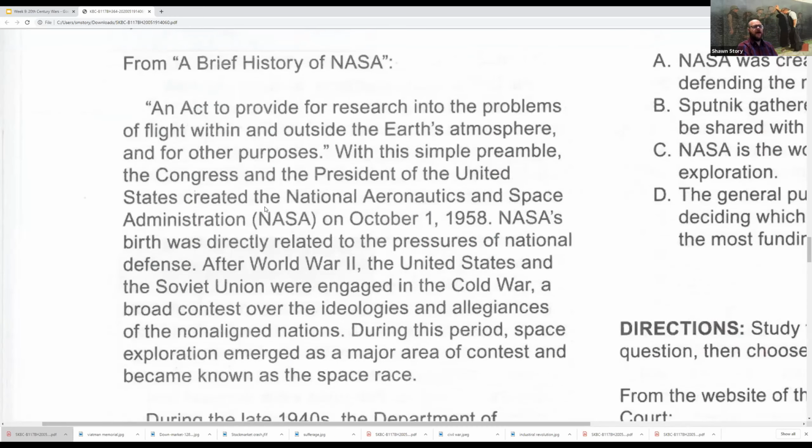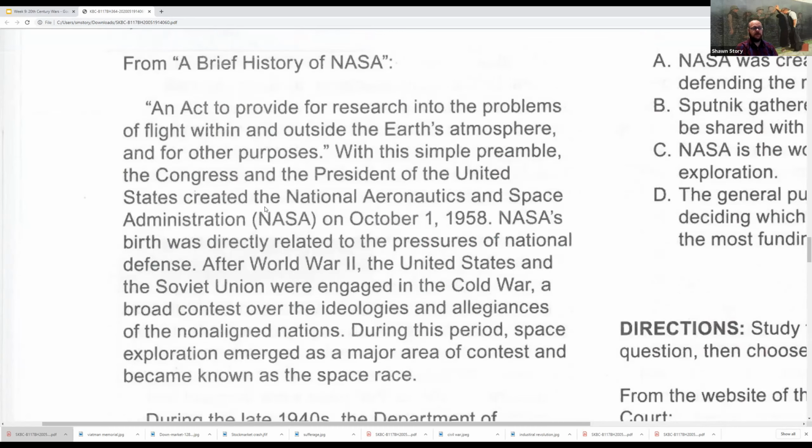An act to provide for research into the problems of flight within and outside of Earth's atmosphere and for other purposes. With this simple preamble, the Congress and the President of the United States created the National Aeronautics and Space Administration, NASA, on October 1, 1958. NASA's birth was directly related to the pressure of national defense.